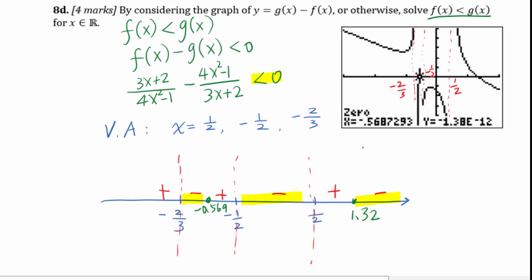So the final answer will be x greater than 1.32, or x greater than negative 1/2 and less than 1/2, or x greater than negative 2/3 and less than negative 0.569.